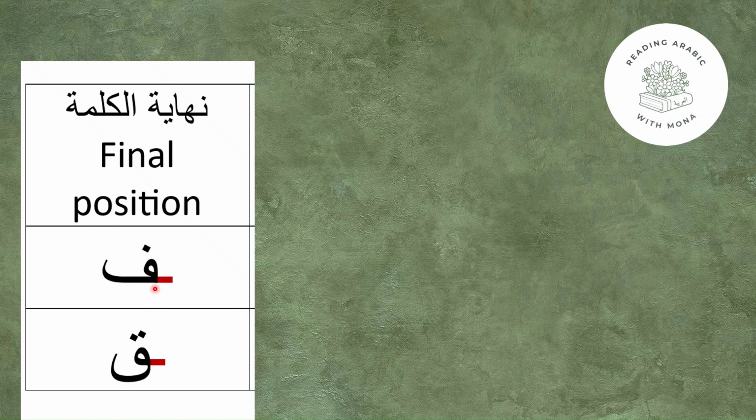But here, if the two letters, the fa and qaf, are preceded by friendly letters like them, they will simply extend a short line and then they will be in their original shape.